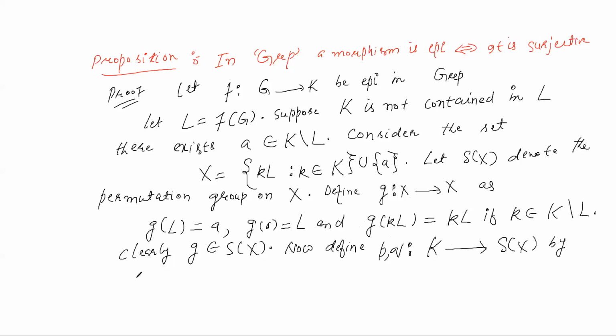For any k in K, p of k is here in S_X, so it is actually a permutation. So p of k of s, for any s in X, I will define this map as follows.